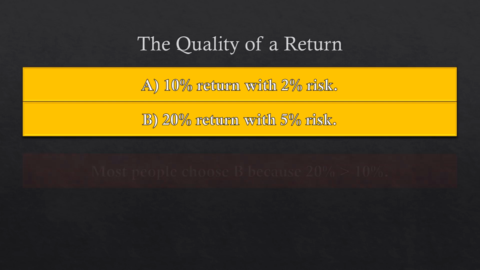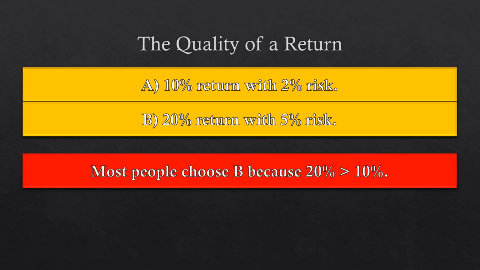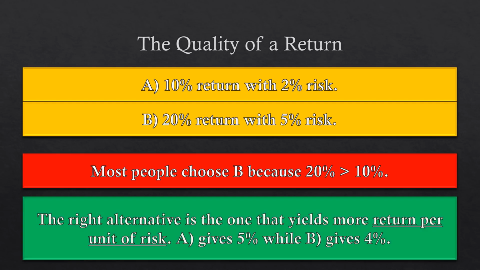Most people will choose alternative B because they think the higher return is better. That's because they are looking at the return while ignoring the risk that is associated with this return. Another way of looking at this is that they are looking at the size of the return instead of its quality. The right way to view this is to look at the return's quality, meaning the alternative that yields more return per unit of risk. For example, in alternative A, you get 10% return while assuming 2% risk.